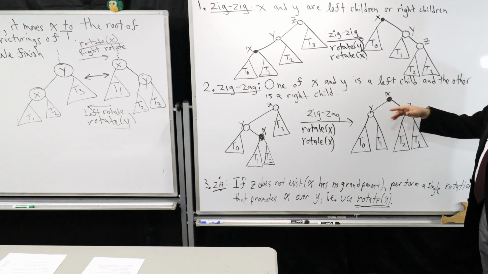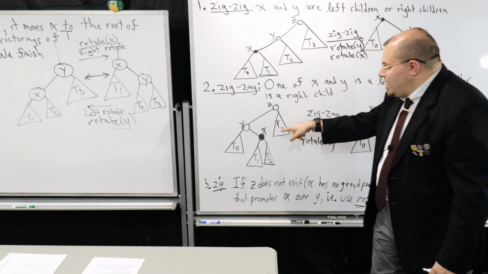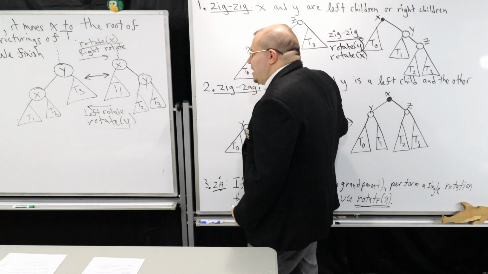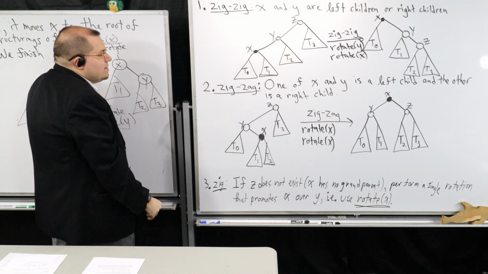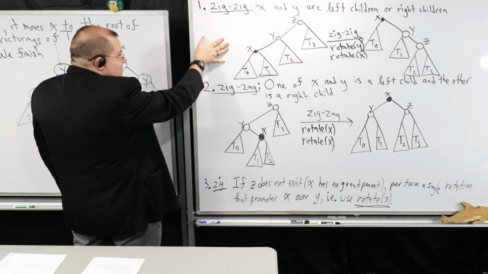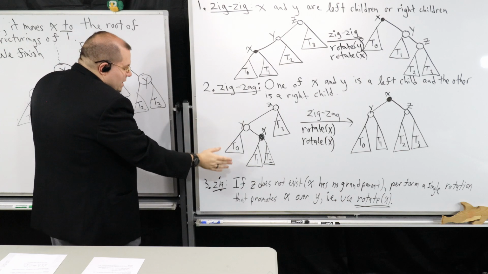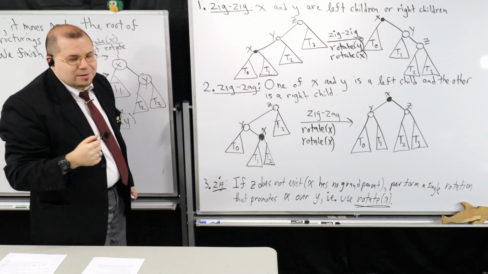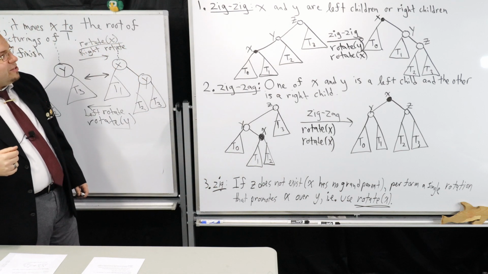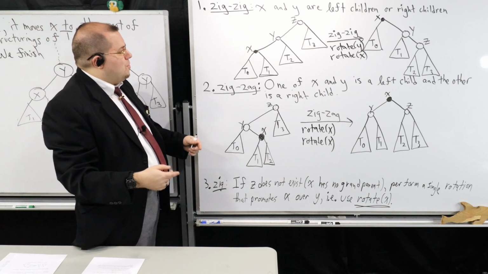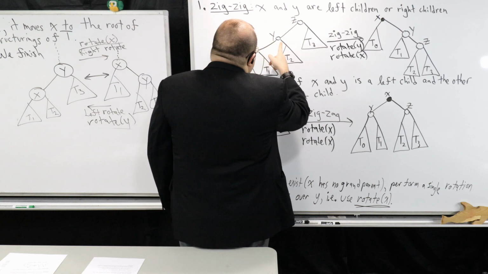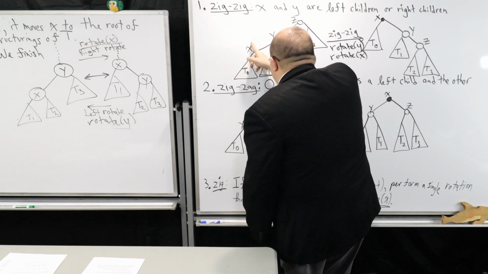Imagine I give you X, and I look at which structure makes sense for the tree. It may look like this, it may look like this, or it may look like the third case I'm going to have here. All I do is identify this with an if statement. I check: is Y's left child X?